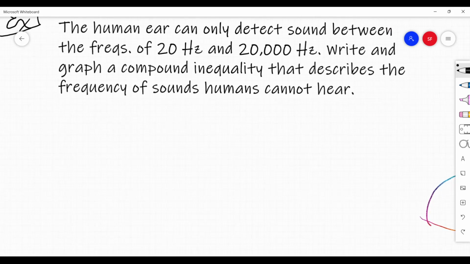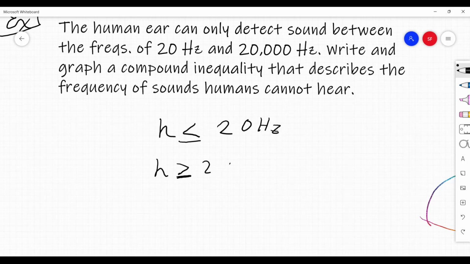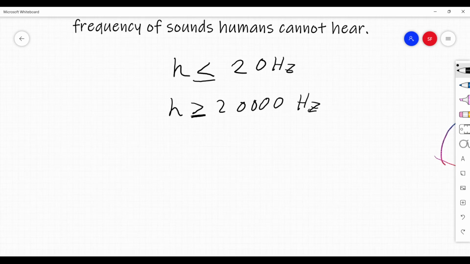So we'll say hearing is less than or equal to 20 hertz, and hearing greater than 20,000 hertz. Now we're going to smash this together into a single compound inequality.